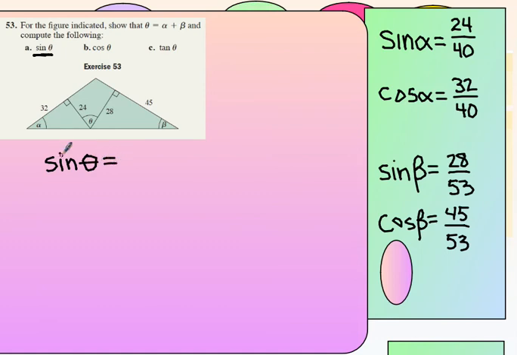So we can use our equation of sine alpha times cosine beta plus cosine alpha times sine beta. Okay, again, don't try to memorize those. Go back and use the toolbox that we've got. So now I just have to plug in these values.